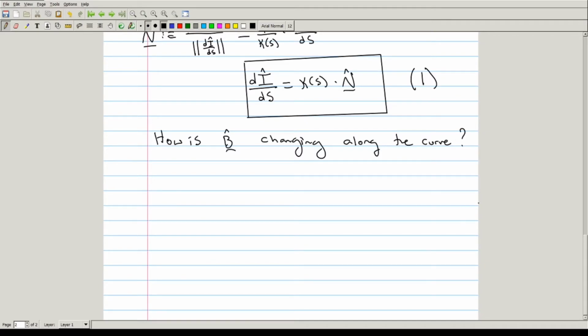And this is actually going to lead us to another relatively simplified formula similar to the one up here. What we want to do is take the derivative of this vector B.